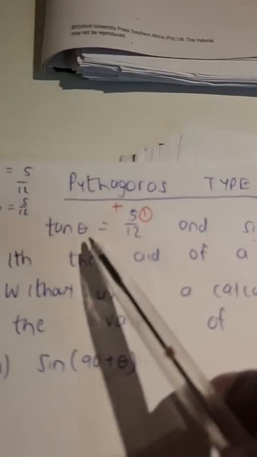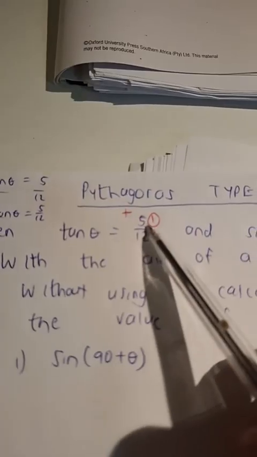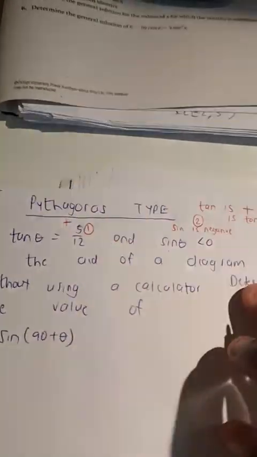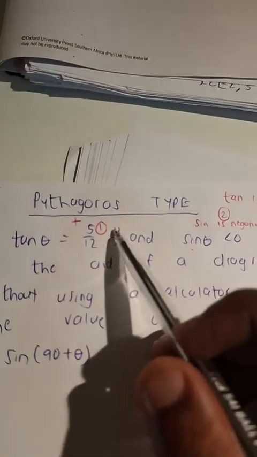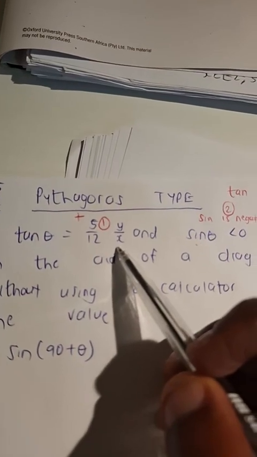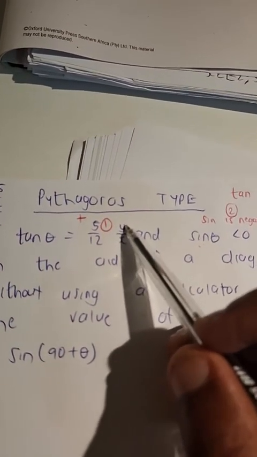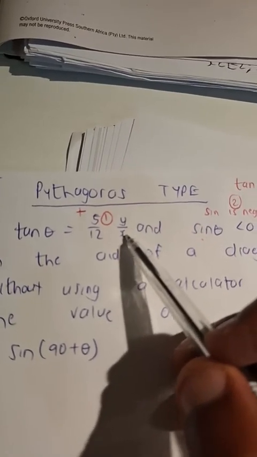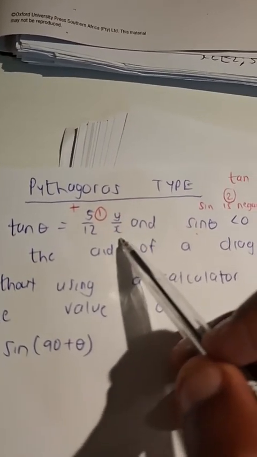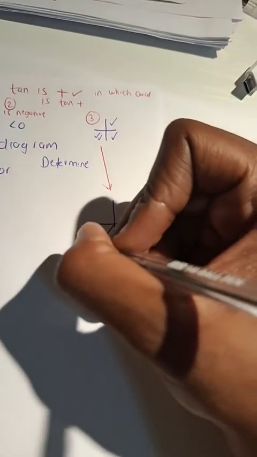We go back to tan theta is equal to 5/12. This here also gives us direction. This is like y over x, opposite over hypotenuse. I mean, opposite side over adjacent side. Sorry, not opposite over hypotenuse. Opposite over adjacent. So the y, where is y? It's here, guys.